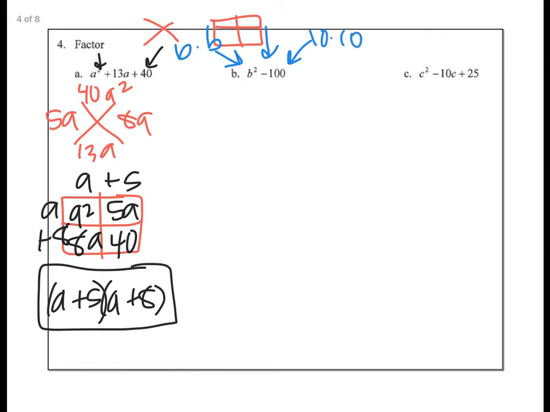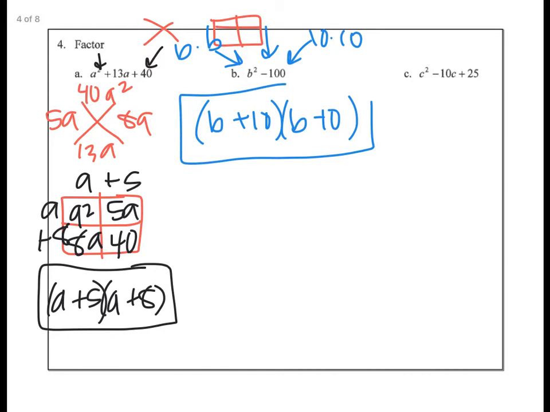So this is in fact dots. With dots, you have the same thing in each binomial, so it's a b and a 10, but one is a plus and one is a minus. So my final answer here would be b plus 10 and b, oops, that's kind of hard to read, I'm sorry, it should be b minus 10 in this second one.